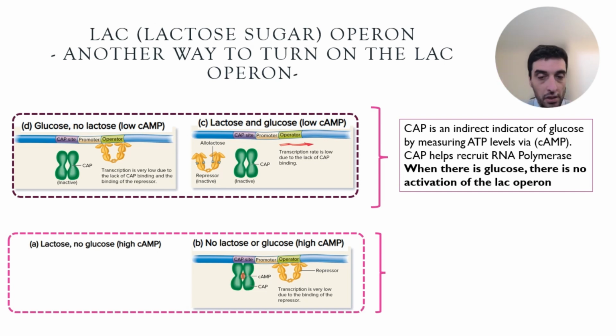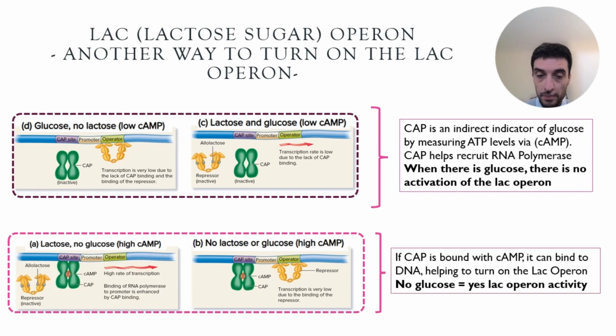So the bacteria is still not going to produce anything to digest lactose because it doesn't need it. Okay. But if there is lactose and no glucose, the CAP is going to be connecting here.